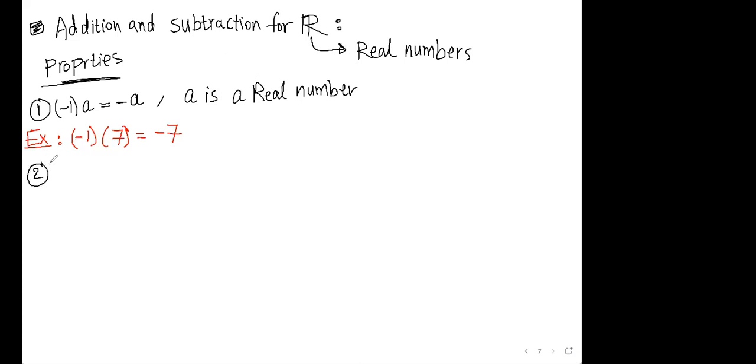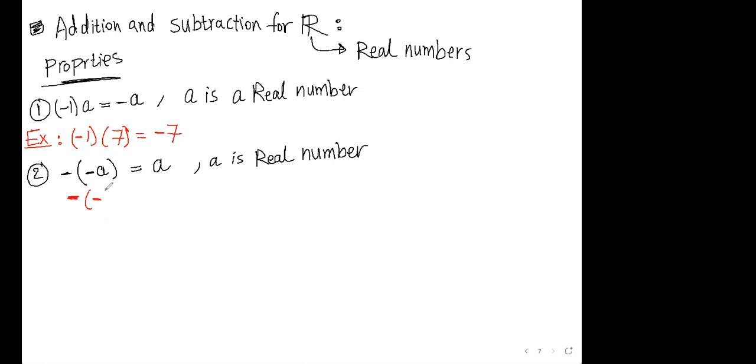Second property: minus times minus A. If I have a negative number here, this is equal to A. So A again is a real number. Who will give me a small example for this one?